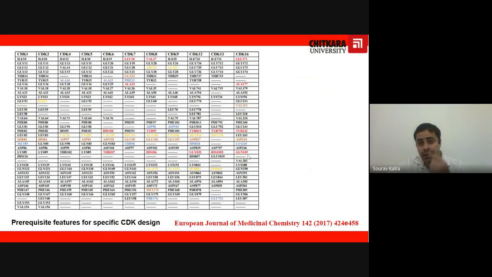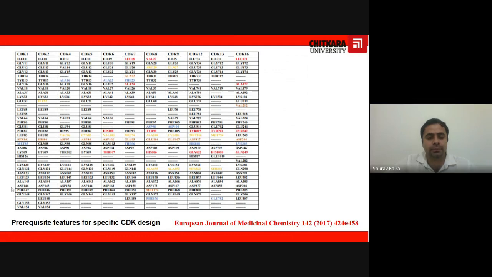This is my PhD work on CDKs, cyclin dependent kinases, where I found that the important interactions for a CDK are with methionine 85 and histidine 84, along with ASP and valine, shown in orange color.